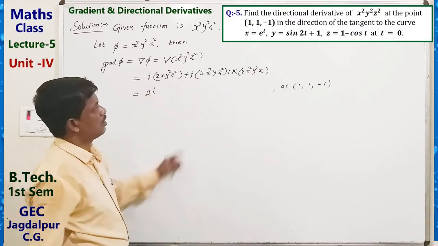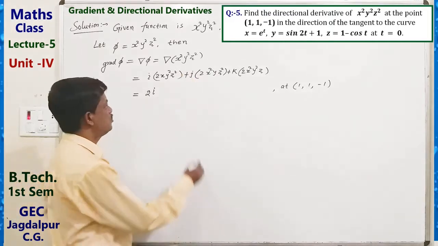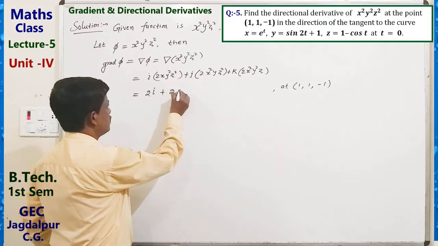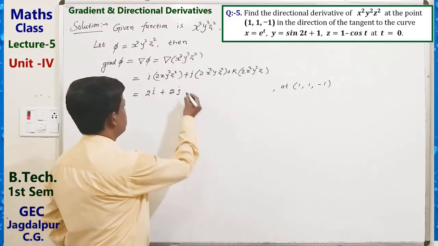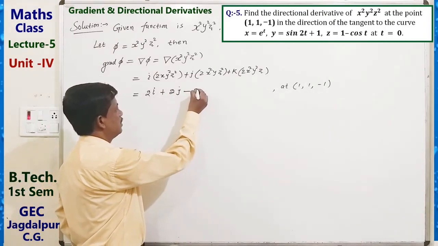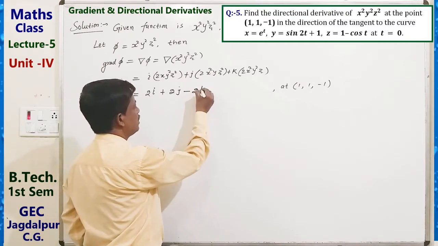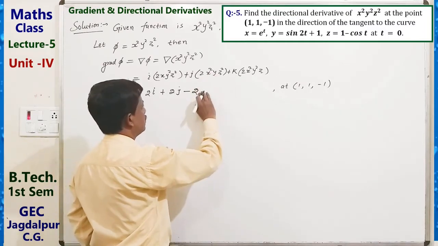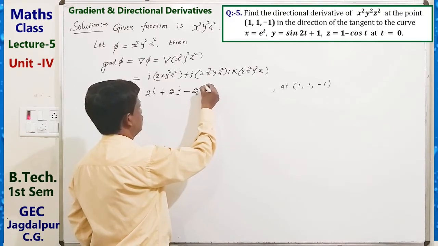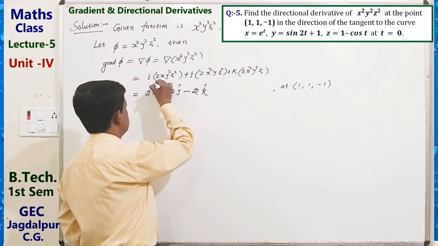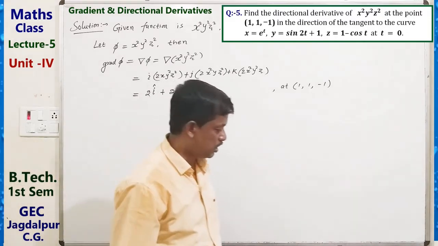Here also all are 1, z is also positive, so 2j, z equals to minus 1, so negative, minus 2k. So 2, 2, minus 2, okay.